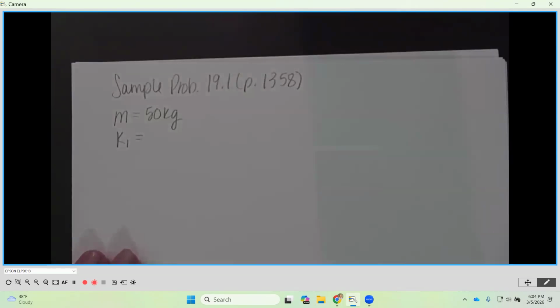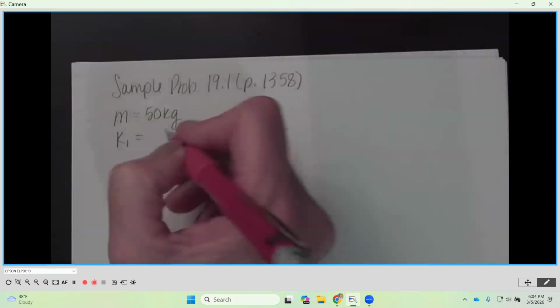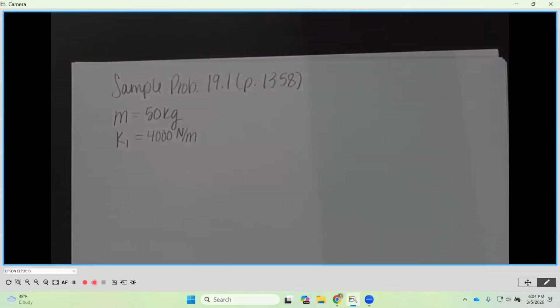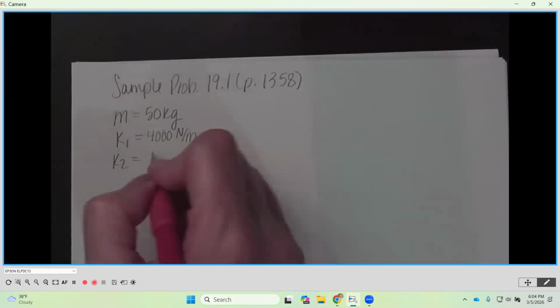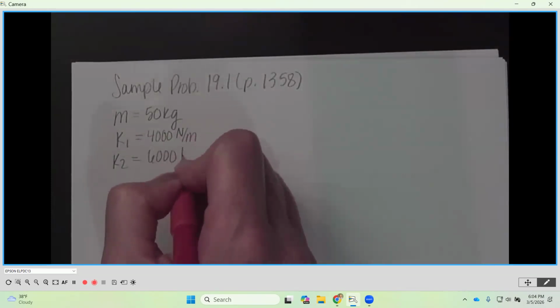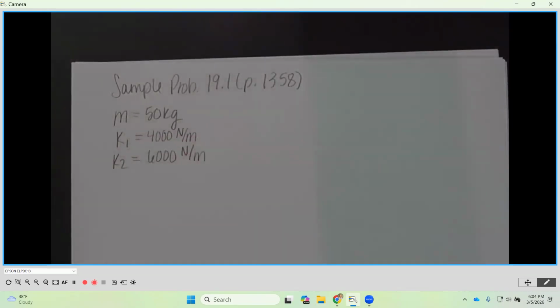As we know, we need everything in newtons and meters, so instead of kilonewtons, I'm going to write 4,000 newtons per meter. And then K2 is 6 kilonewtons per meter, so I'm going to write 6,000 newtons per meter.